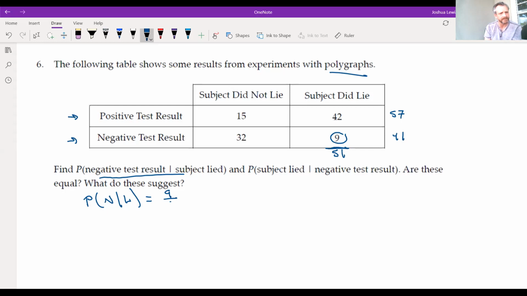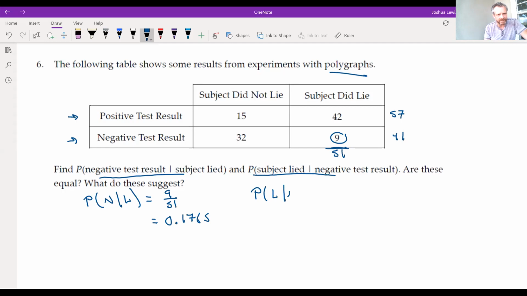Yeah, 9. Okay, so 9 over 51, which is approximately 0.1765.